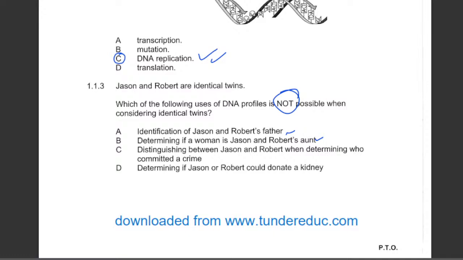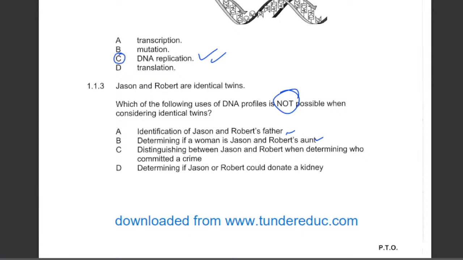Distinguishing between Jason and Robert when determining who committed the crime, because they have some differences in the DNA, but most of their DNA is almost the same because they're identical twins.